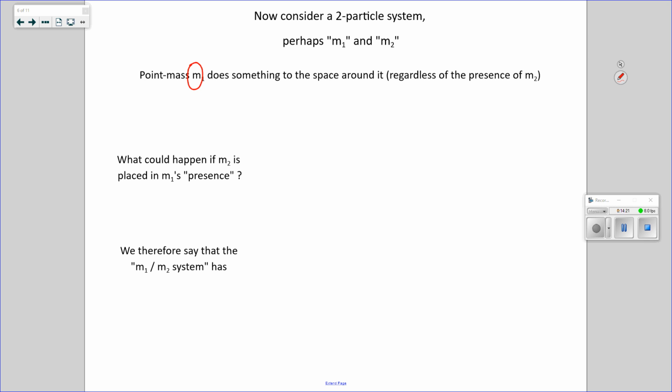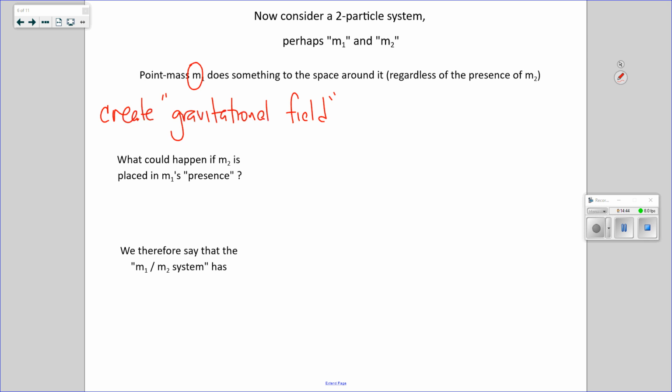Every single object, if it has mass, one of the natures of mass is to create what's called a gravitational field in the space around it.